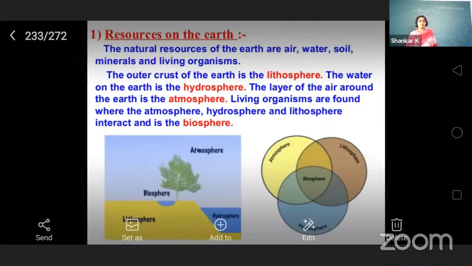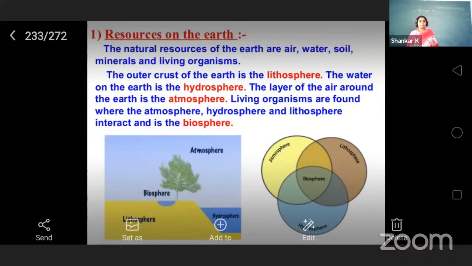You know biotic and abiotic components, students. What is a biotic component? Have you learned in the fifth, seventh standard abiotic and biotic?